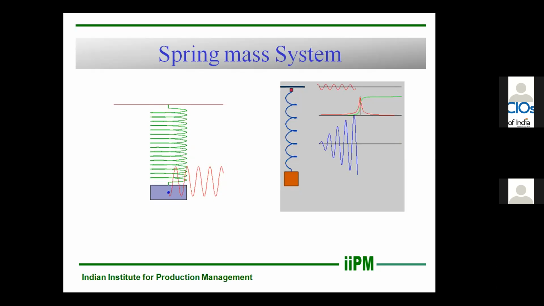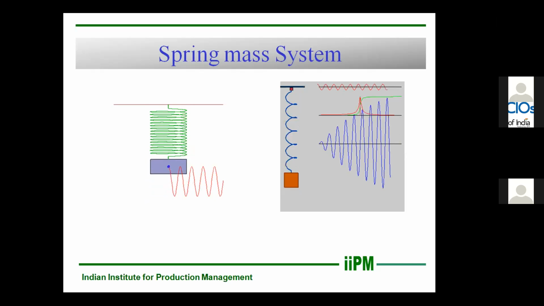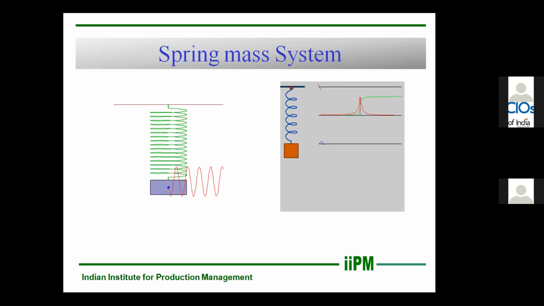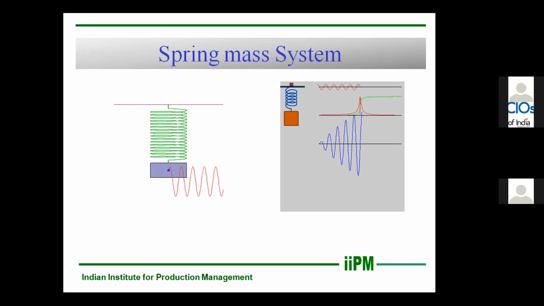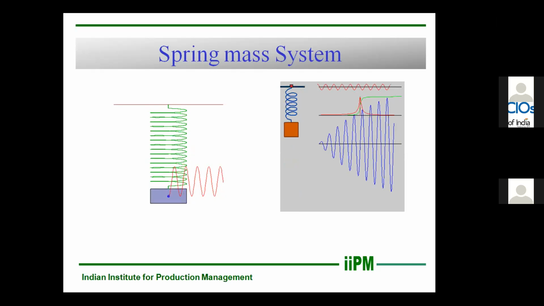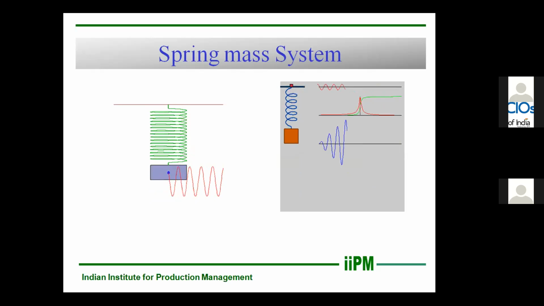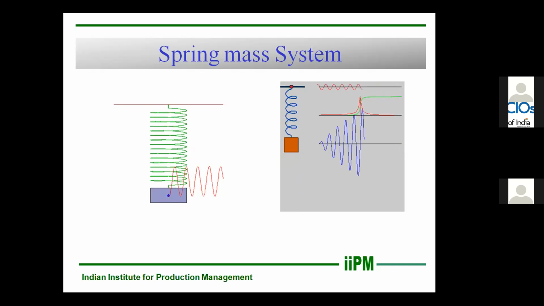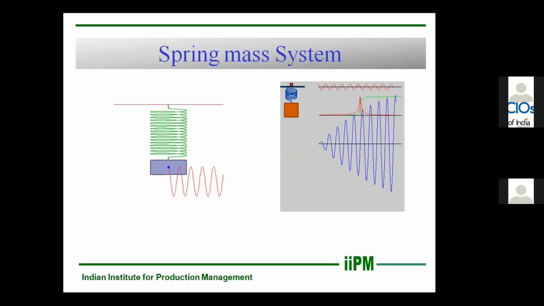When a suspended mass is attached to a spring, and let's say I have attached a pencil to the suspended mass, it will draw a waveform. In the two diagrams here, you will see that in the first figure the frequency is low, and in the second it is vibrating at high frequency.